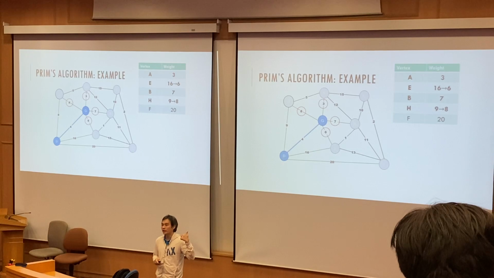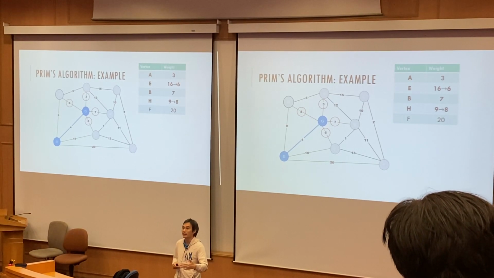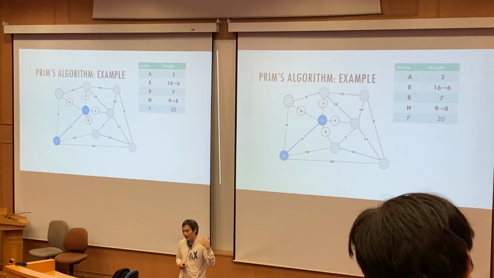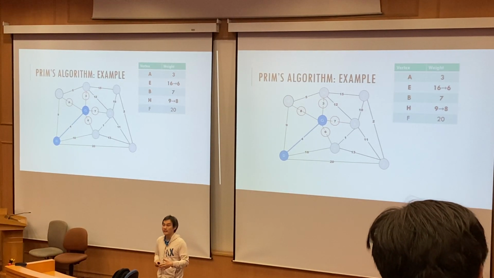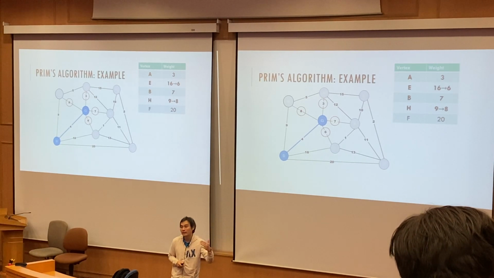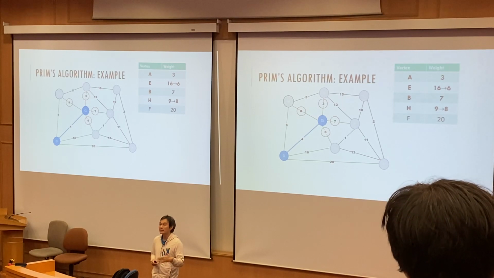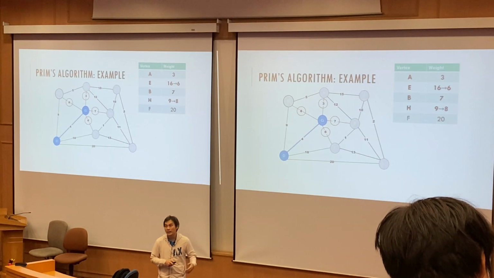So what is this operation? We only do this when there is a lower estimate, a lower edge weight. This is the decrease key operation that we've seen before. Decrease key takes log V time, because at worst the queue will have V nodes.